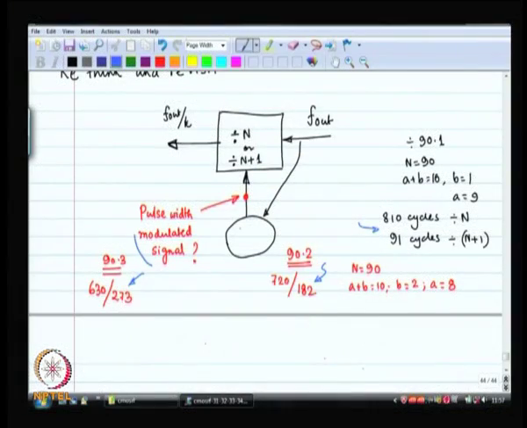Right. So, this is the plan, and as a result this particular signal over here is a pulse width modulated signal.